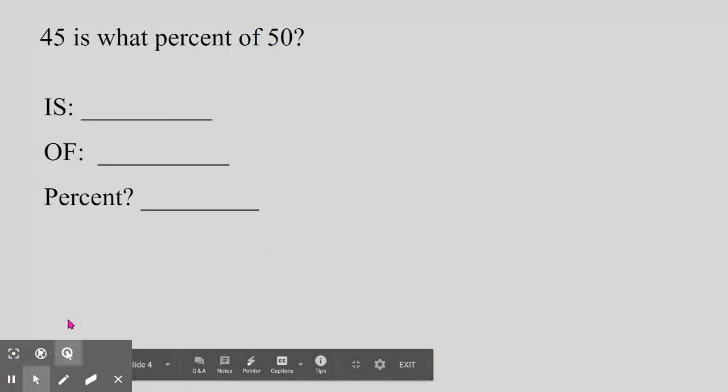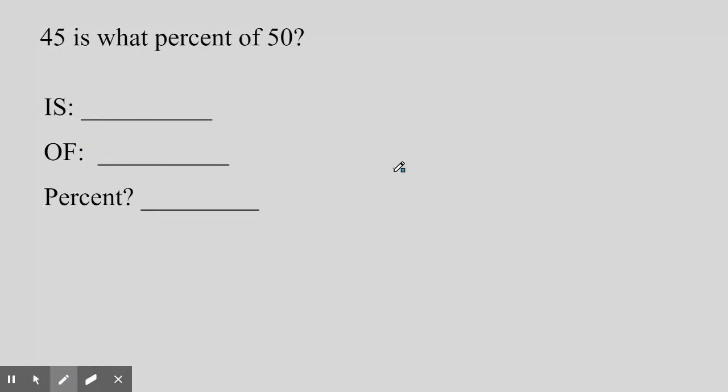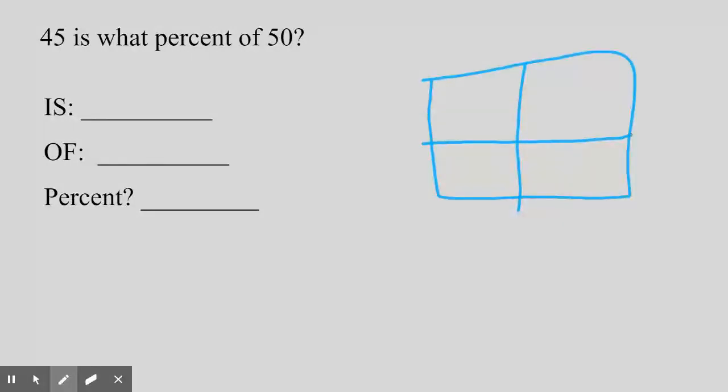All right, let's work through another example together. 45 is what percent of 50? Start off always when you see asking for percent, or anything dealing with percent, by drawing your box and putting 100 in the bottom right-hand corner.